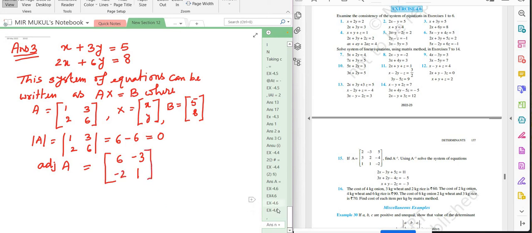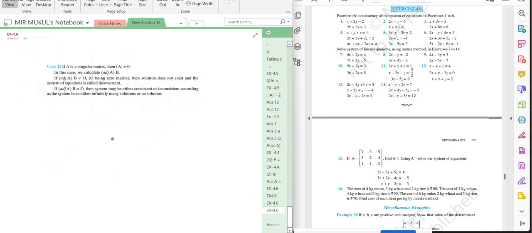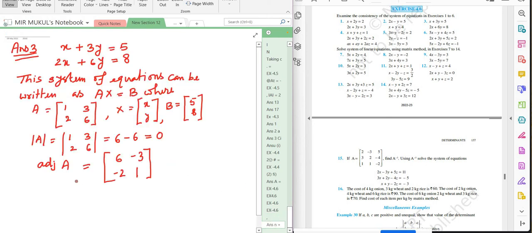Right. Now check the last condition I explained. If adjoint of A into B is not equal to the 0 matrix, the solution does not exist. The system of equations is inconsistent. After that you have to state inconsistent.